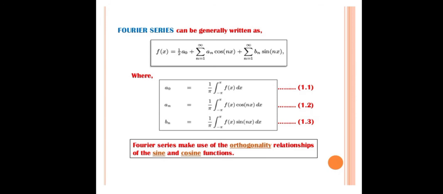That means a0, an, bn are the main functions of the Fourier series, and these depend on the orthogonal relationship of the sine and cosine waves.